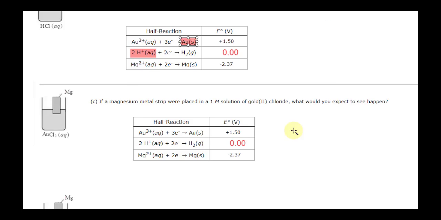Now we've got magnesium metal. Magnesium ions pull in electrons to become magnesium, but the reduction potential is really, really low. It's not very good at that. It's really pretty lousy at holding on to its electrons. But here we've got a solution of gold 3 chloride. We've got our gold 3 ions.